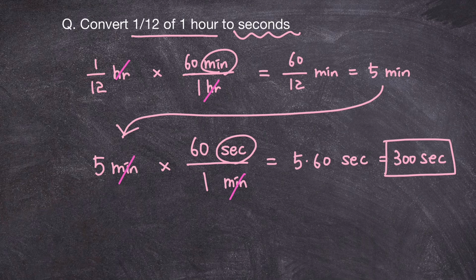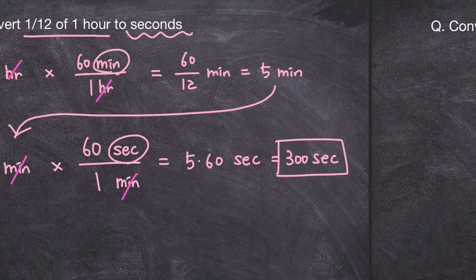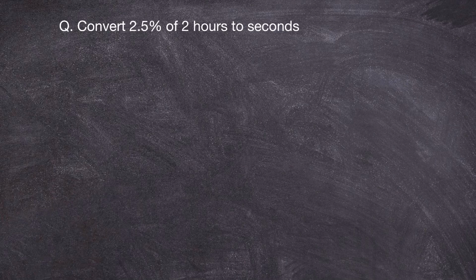Now let's do another one to solidify our understanding in this concept. Now we are converting 2.5% of 2 hours into seconds. So this is a two-part problem.